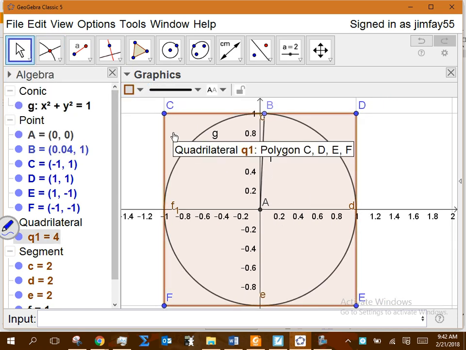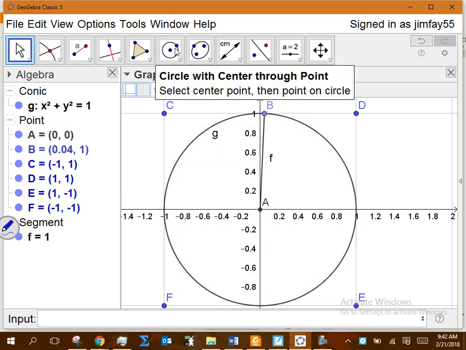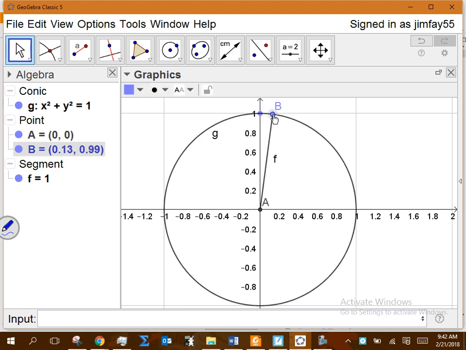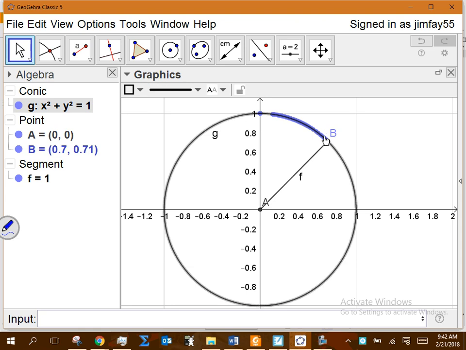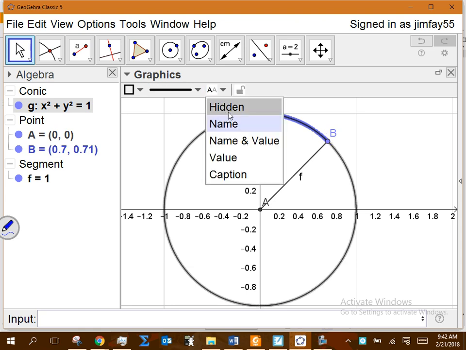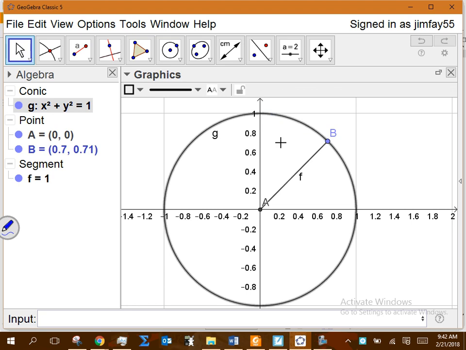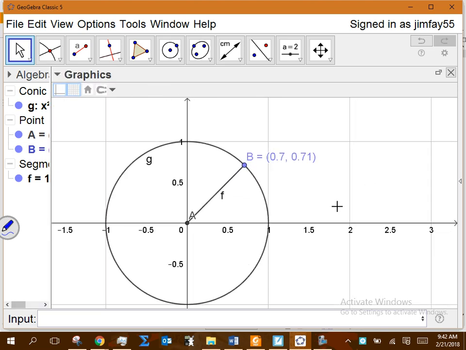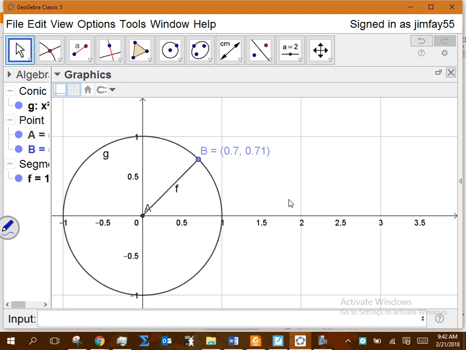So what I want to look at is point B, and I want to come up with an equation for the unit circle first.